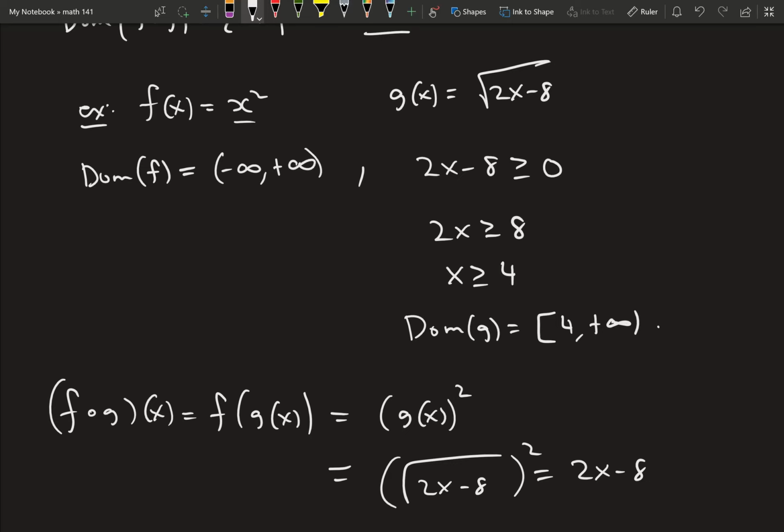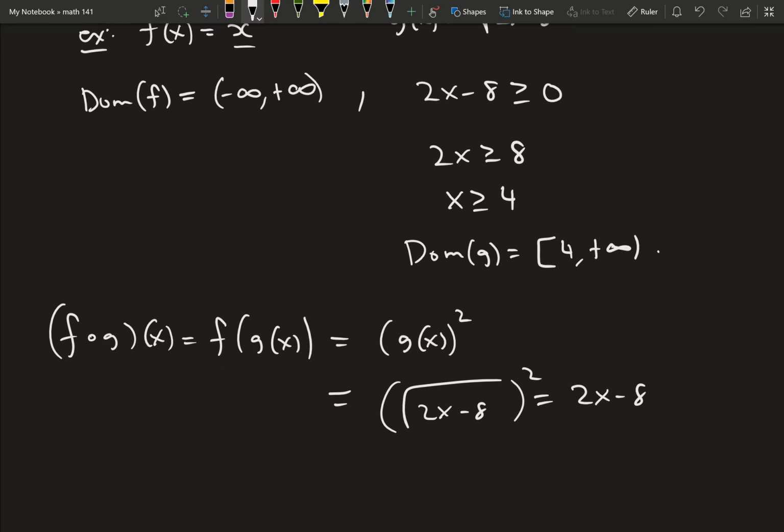Now, here's where things get potentially a little confusing. If you just look at this, 2x minus 8 on its own, let me put this as a separate comment: if we had a function, say h of x being 2x minus 8, the domain of h would be all real numbers because it's just a polynomial.